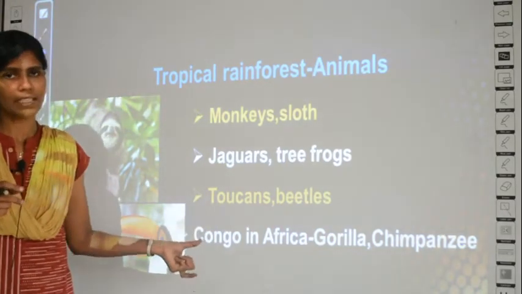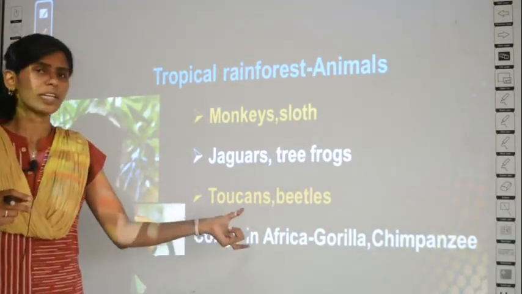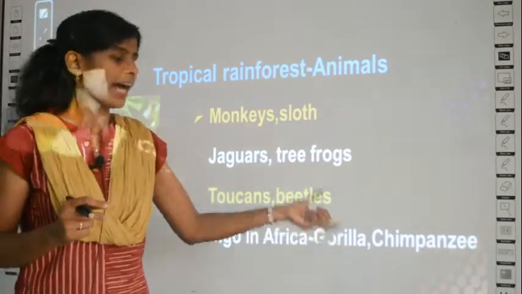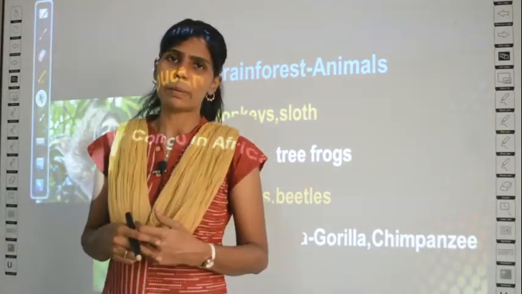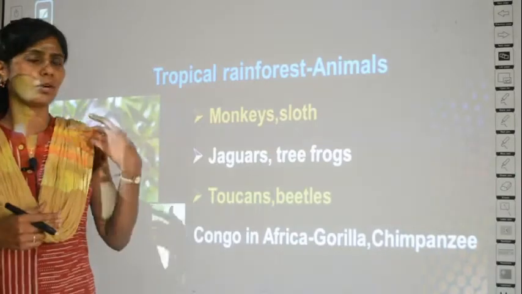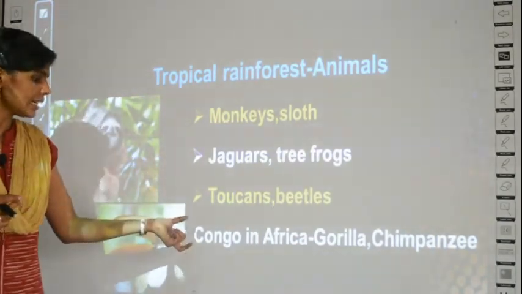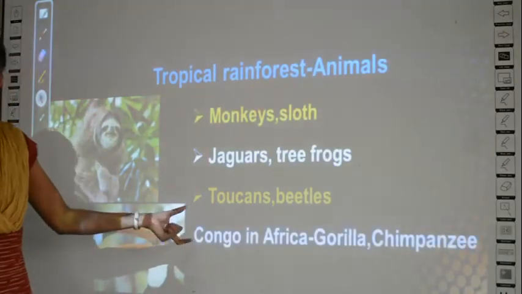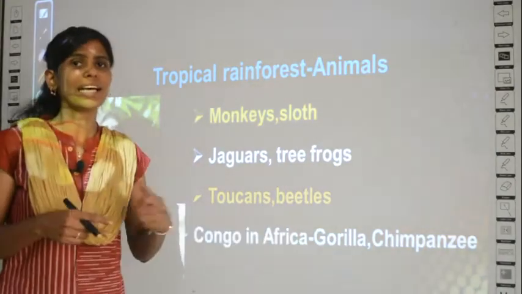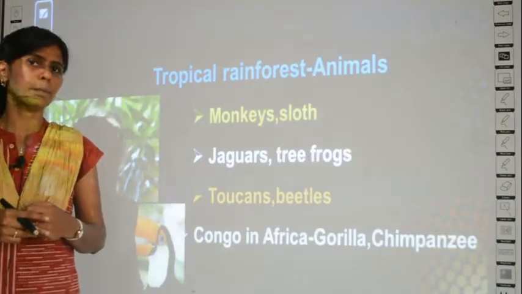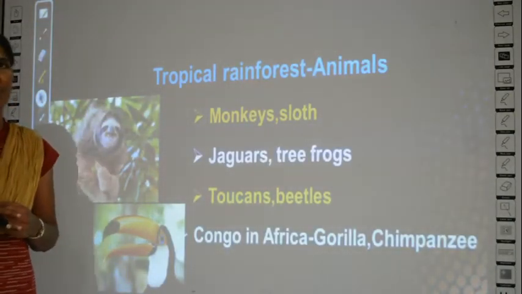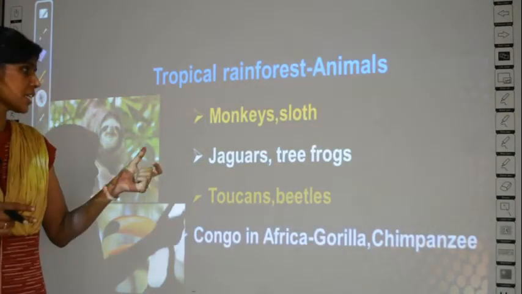Congo is a place in Africa, and in this forest particularly you can see gorilla and chimpanzees, which are of monkey kinds, right, they belong to the ape group. So particularly in the Congo region in Africa, you can find gorilla and chimpanzees more in number. So what are the animals which are commonly found in tropical rainforests?